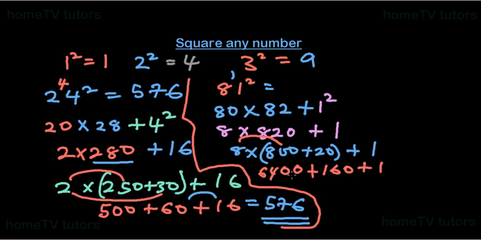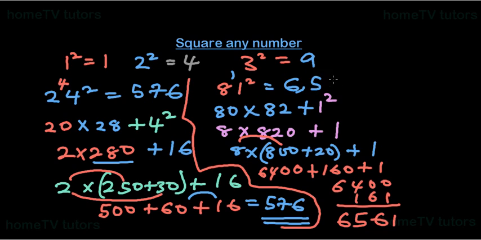So 6400 plus 160 plus 1. So let's just add it like this. 6561. So the square of 81 is 6561. You can punch that in your calculator. You arrive at the same answer.